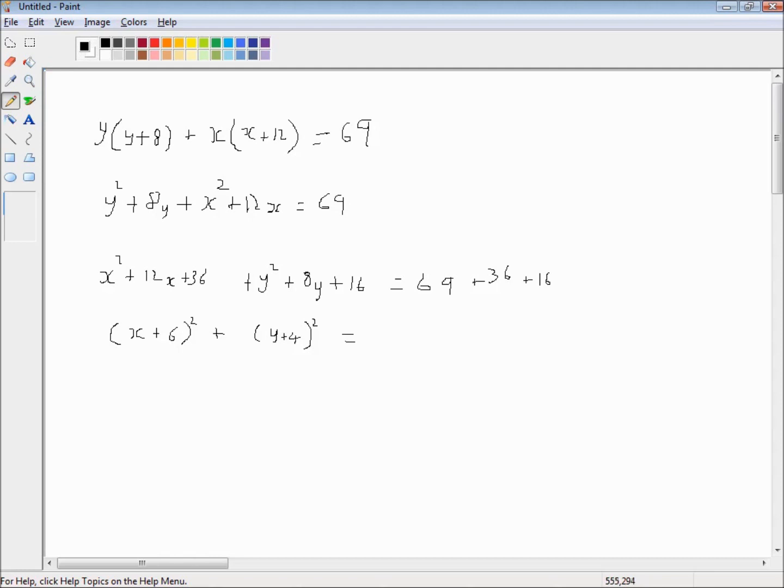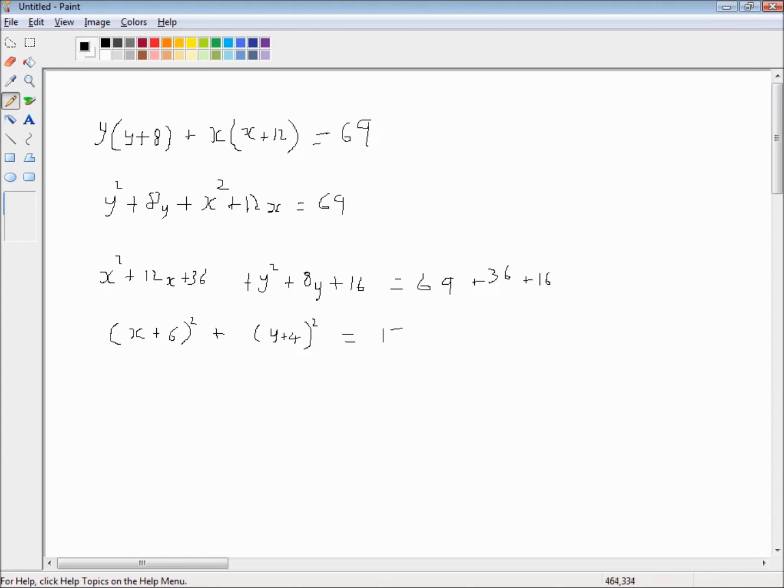Because that's not a square. Just double check. 69 plus 36, or 6 plus 9 is 6 plus 3 is 9, so that's 90. 9 plus 6 is 15, so that's 105. So 105 plus 16 is 121.